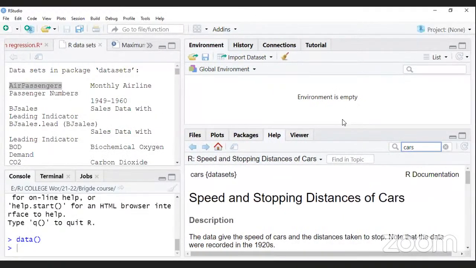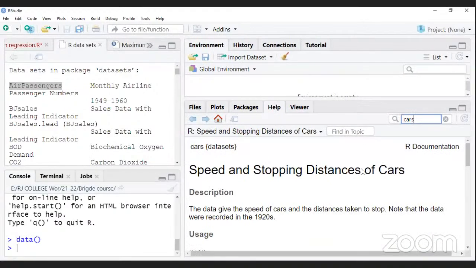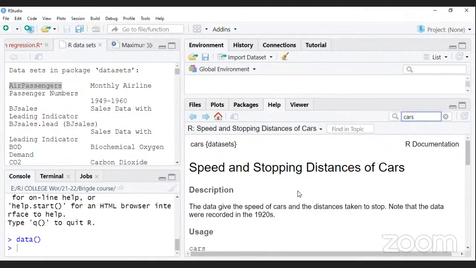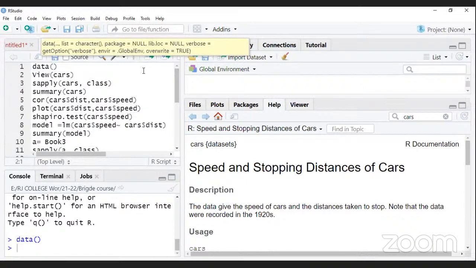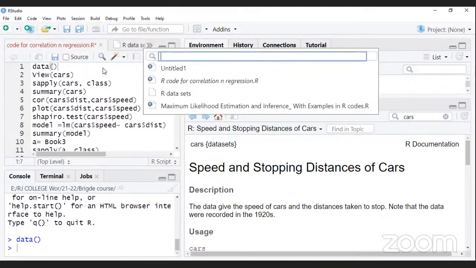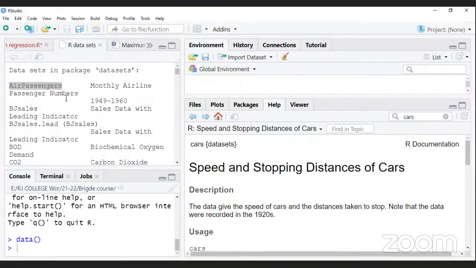Are you able to see this? First of all, let me know, are you able to see this screen of our window? Okay. So what I did in the first step, I typed data here and I ran it. Once I run it, it automatically goes to the next tab, which contains a huge amount of data.